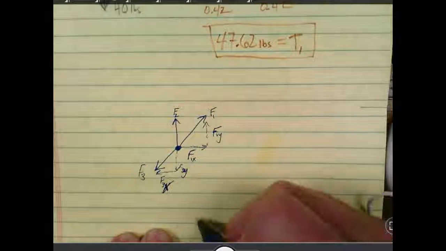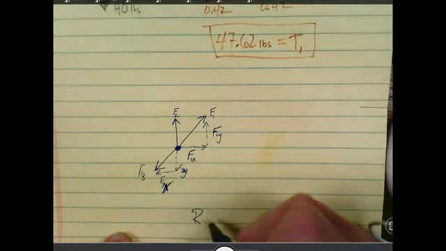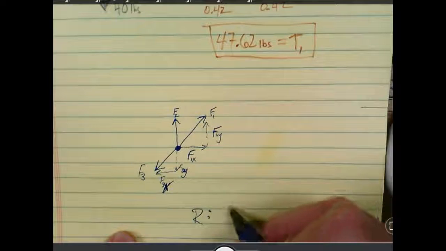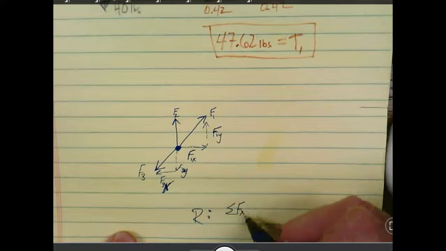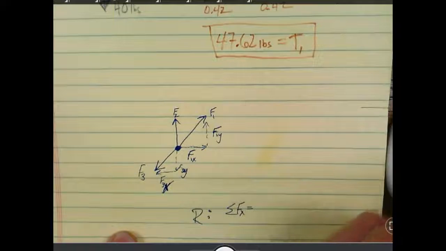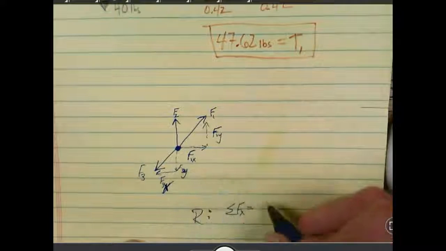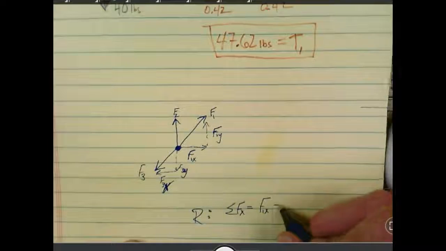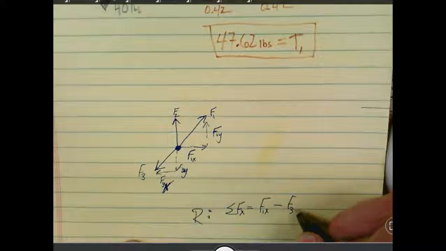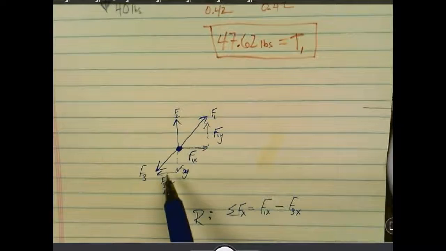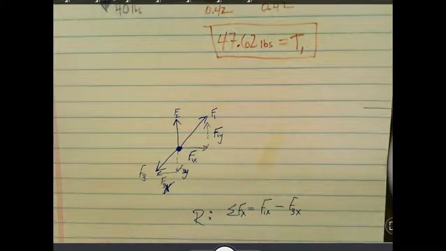And so what I've asked you to do is find the resultant. To find the resultant, you need to take the sum of the forces in the X and add them up. So for us, it's going to be F1X minus F3X, because those are the only two components or forces that are acting in the X dimension.